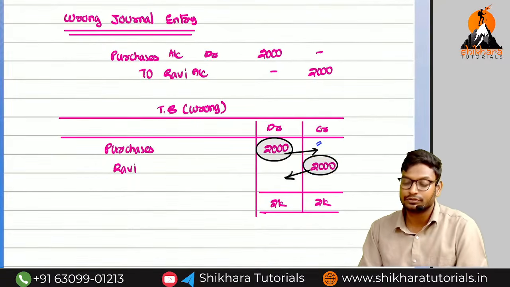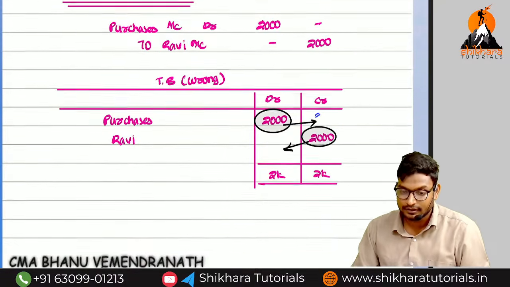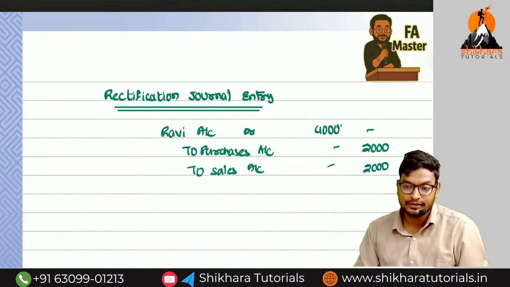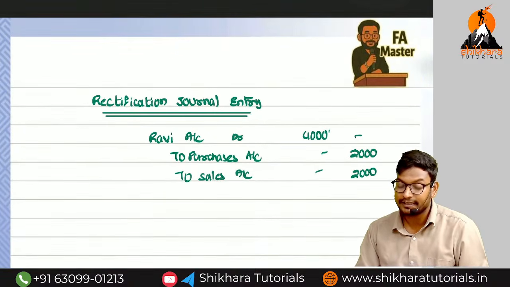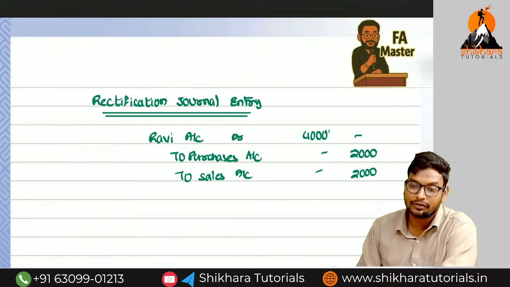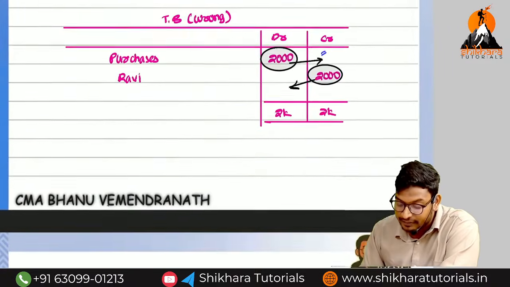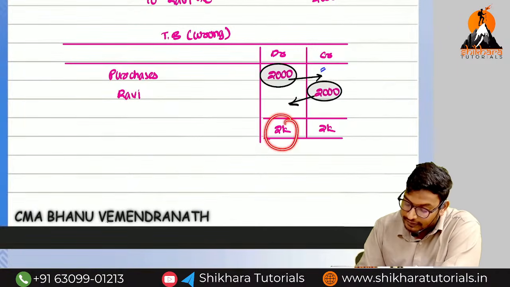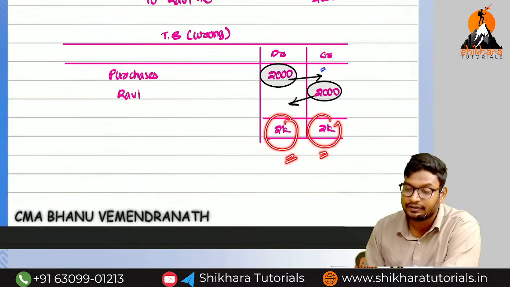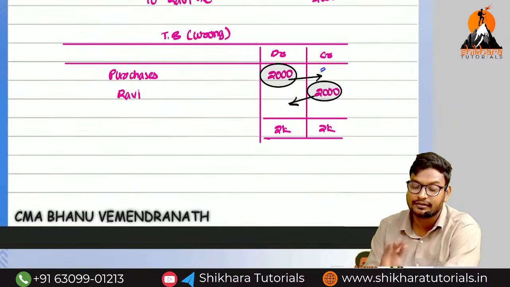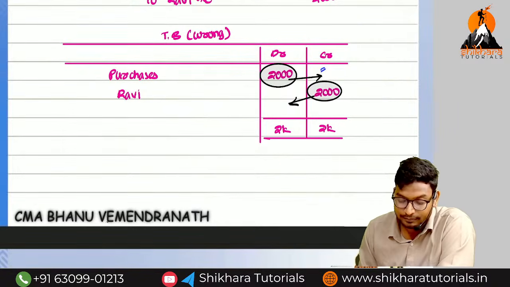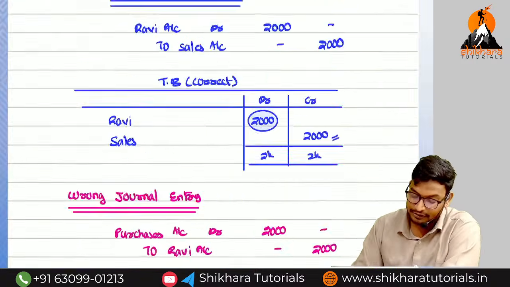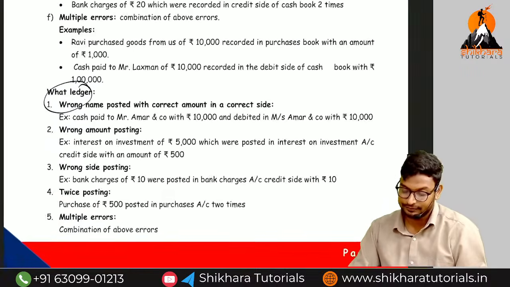So 2,000 plus 2,000, how much? 4,000. This is how I clearly explained the wrong book being recorded. Even though this is wrong, is it affecting the trial balance or not? Not affecting the trial balance. So next we are going to see another example.